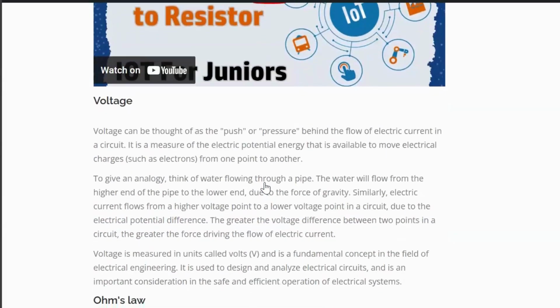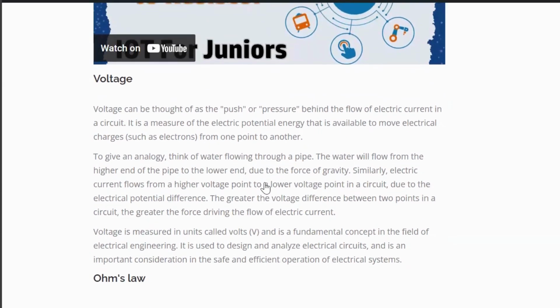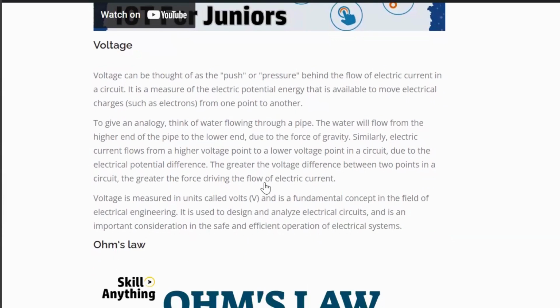Now let's see the voltage. Voltage, we can think of it as a push or pressure behind the flow of current. When I was giving you the example that current flows from higher voltage to lower voltage, voltage is that push which is making current flow through the circuit.